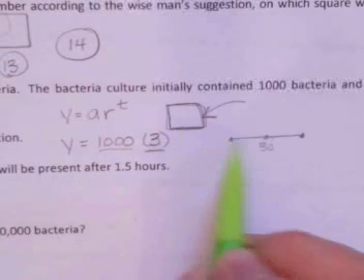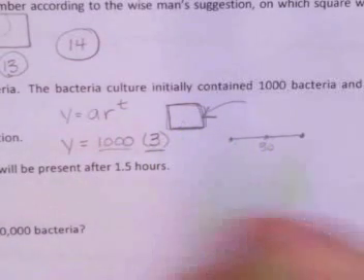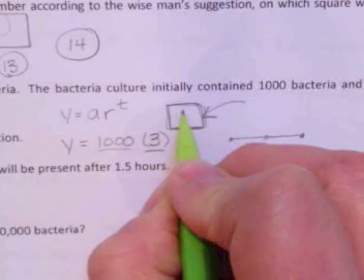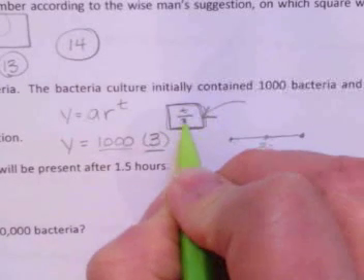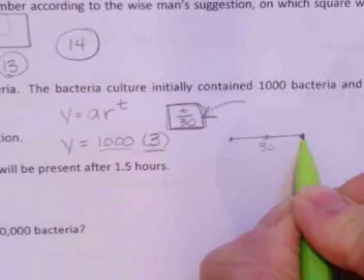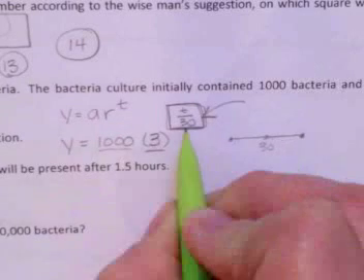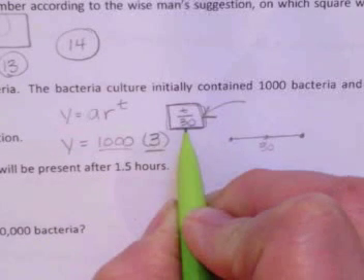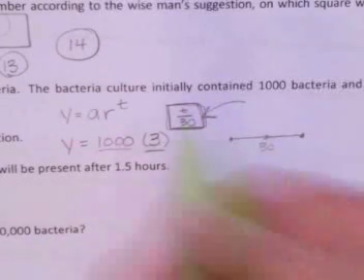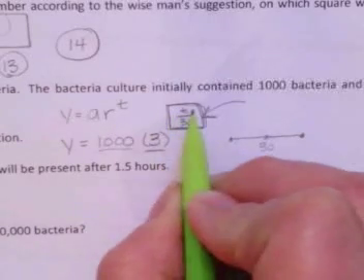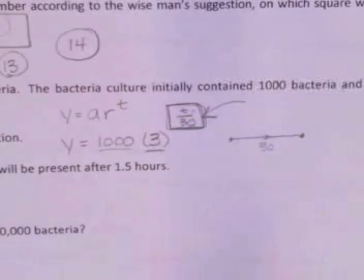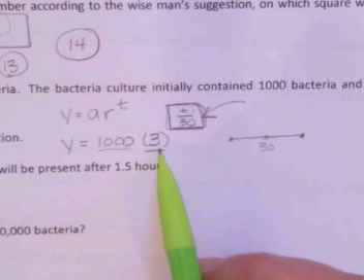In other words, after 30 minutes, I want my exponent to be 1. And after 60 minutes, I want my exponent to be 2. So if I use t divided by 30, then I could put in 30 for 30 minutes, and I would have 1 tripling.